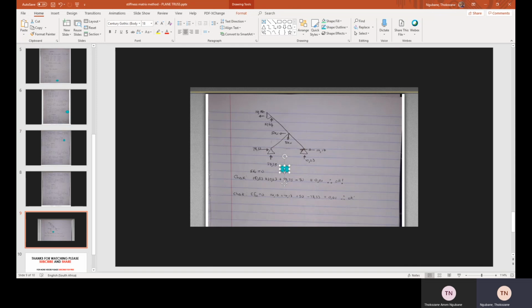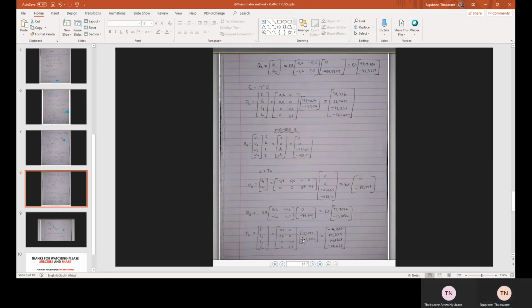Let's go to our member 3 to see what did we get there. Member 3, this is for our forces, guys. Okay, let's see what did we get here. We got minus 14, positive 10. Remember, this sign means that this force is going to the left. Positive sign means it's going upward. This is horizontally and vertically.